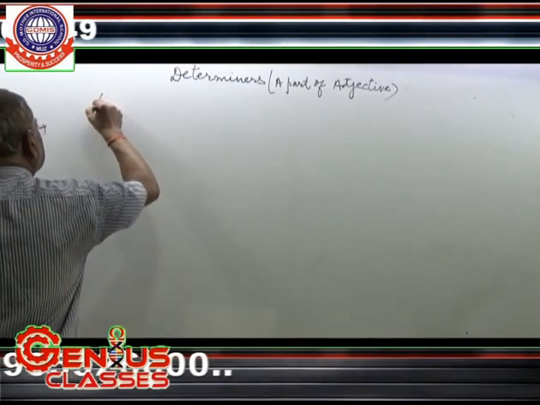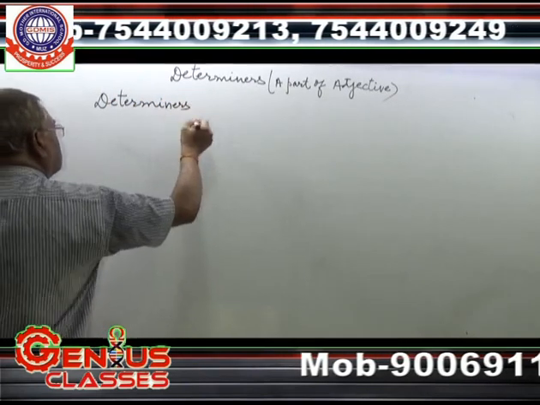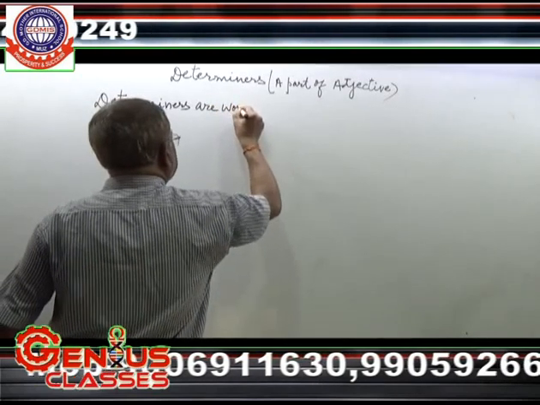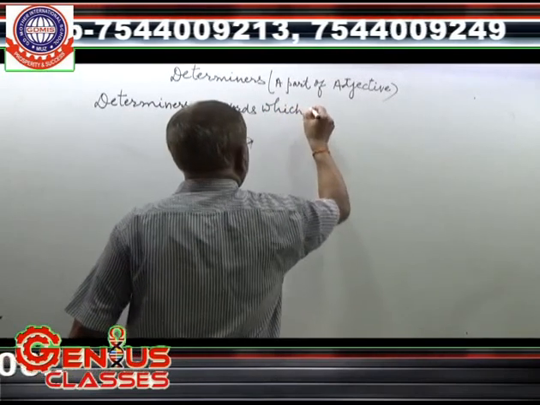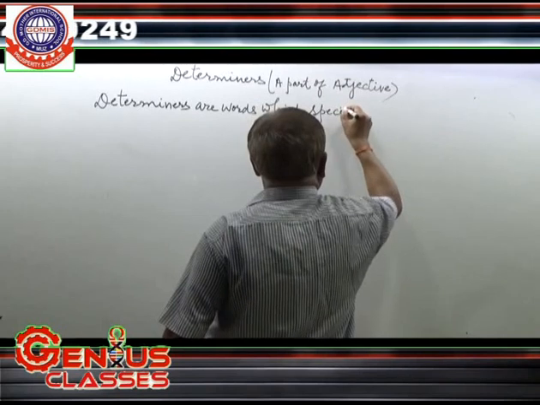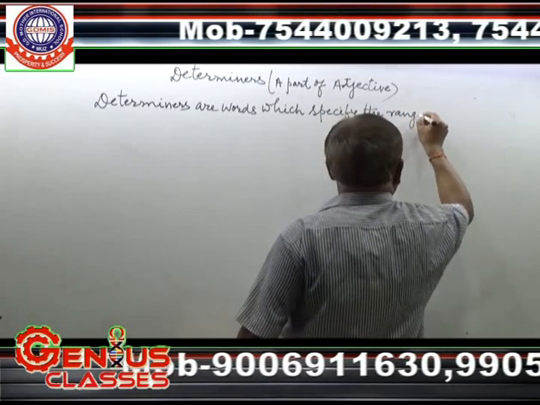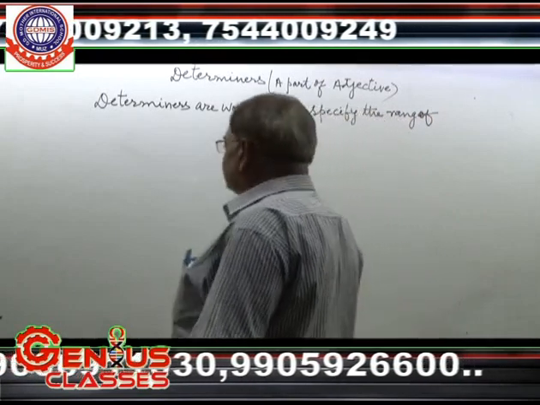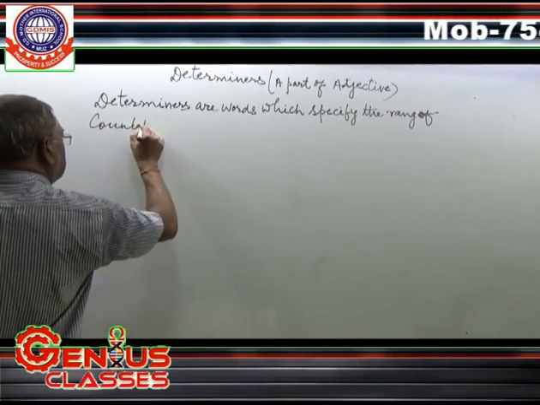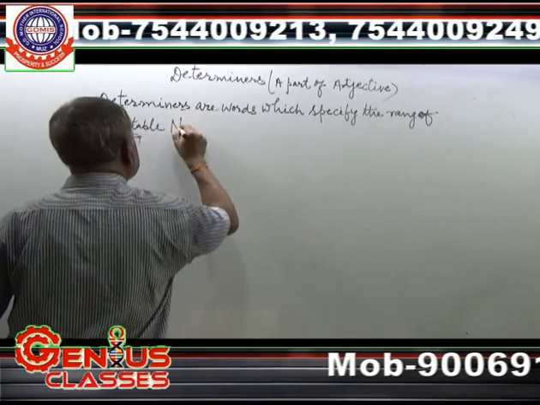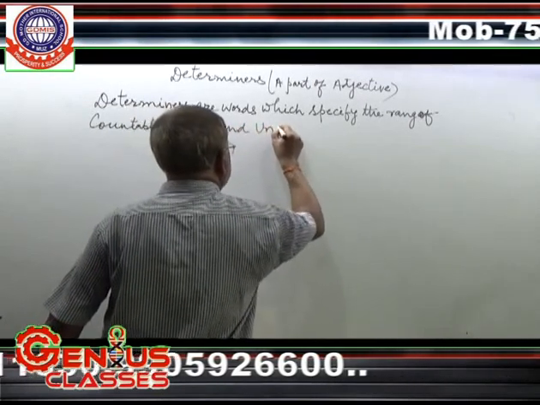So, determiners are words which specify the range of countable nouns and uncountable nouns.